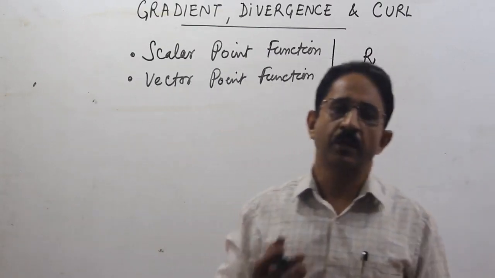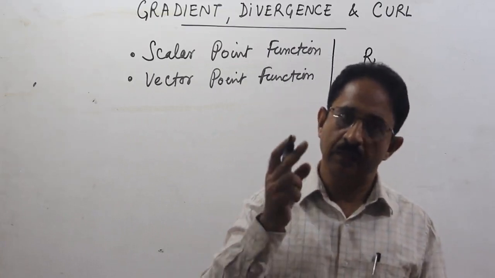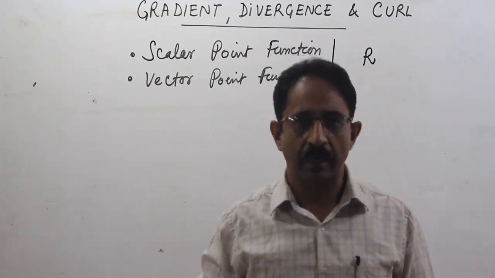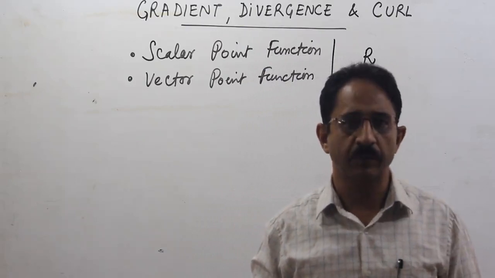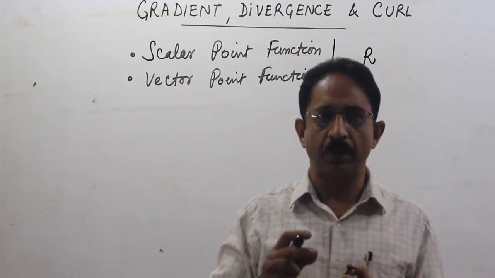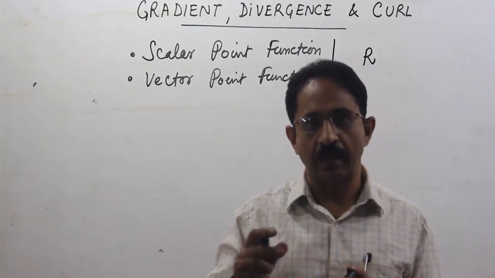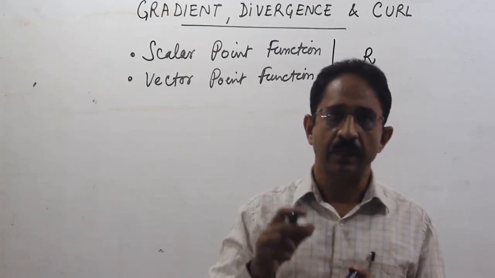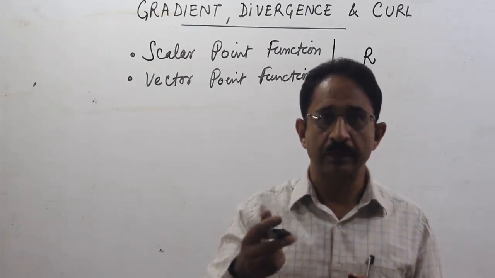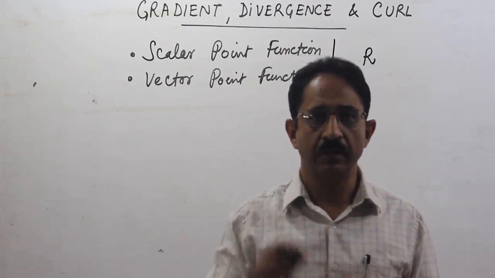Now it is possible it may not change also, but it must exist in a unique way corresponding to each point of that region of space R. We call it the scalar point function. So formally, if corresponding to a point P in a region of space R, there exists a scalar quantity associated with each point uniquely, the region is called the scalar point function field or scalar field.